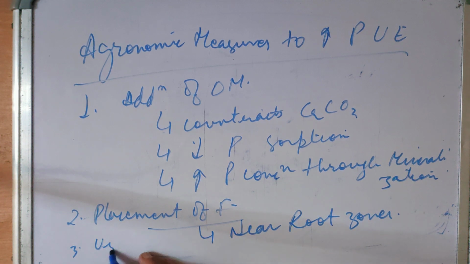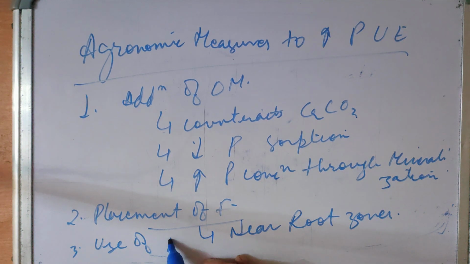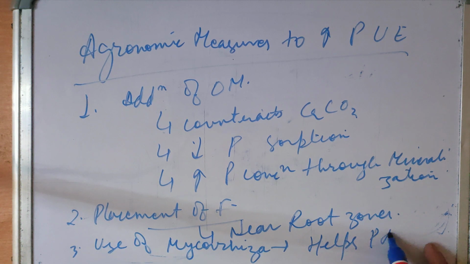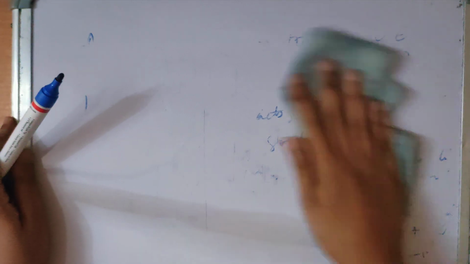Third, use of mycorrhiza. It helps plants to absorb more phosphorus. Hope you are understanding it.